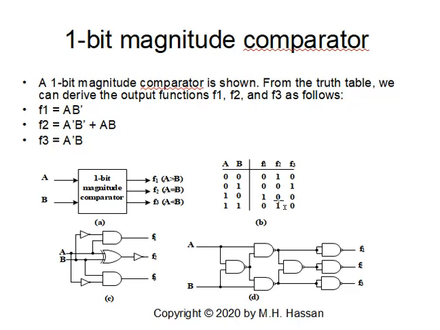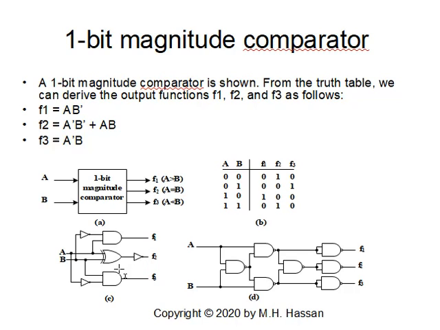F2 will be minterm 0 plus minterm 3, which is A prime B prime or AB, and F3 will be A prime B. We know that F2, A prime B prime or AB, is equal to exclusive NOR. So you can see here it is exclusive OR with the output inverted. You can get F3 in the hardware implementation of the one-bit comparator.